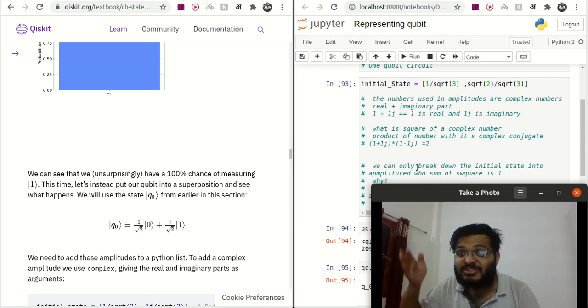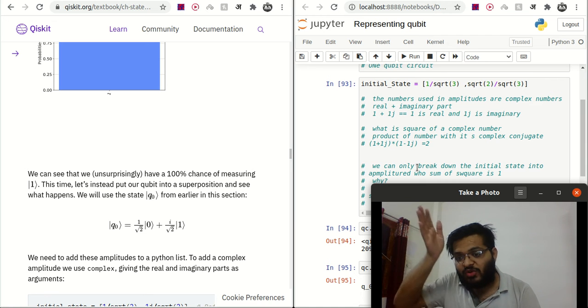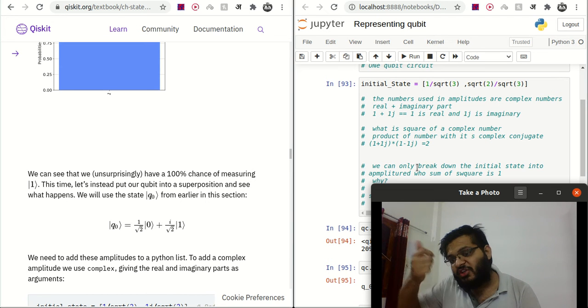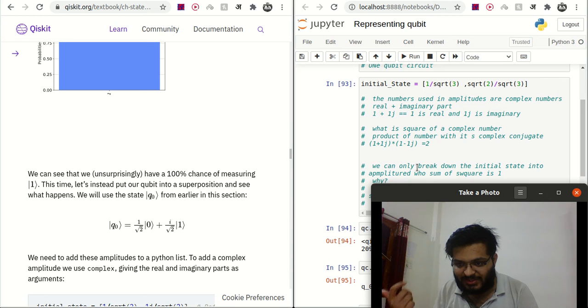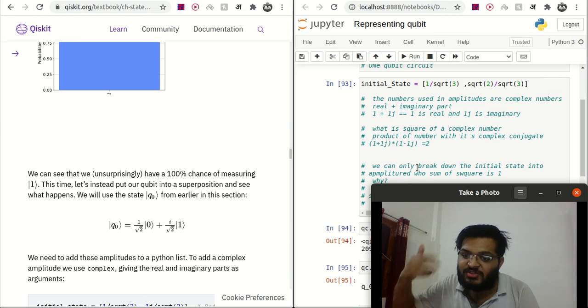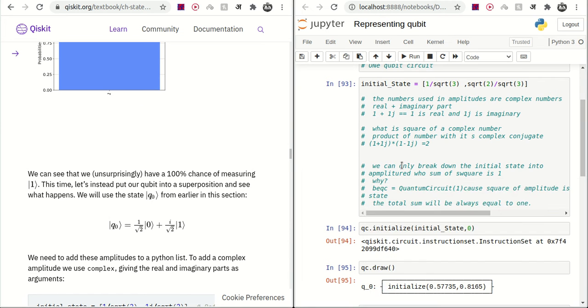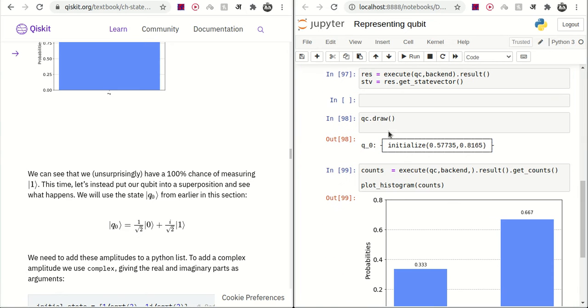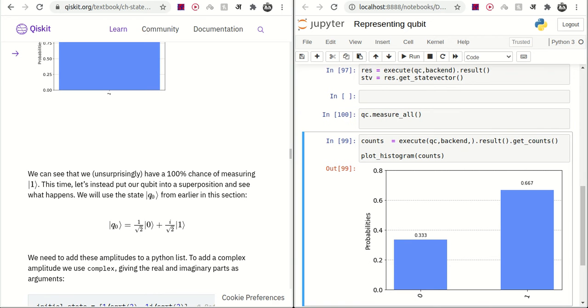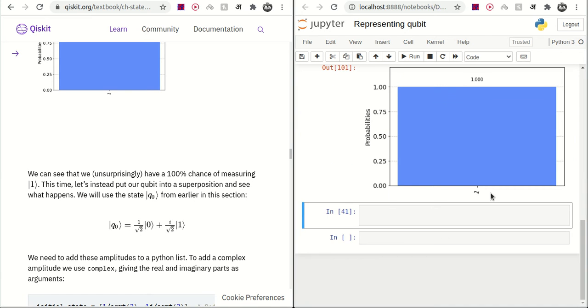Once you measure it, the original qubit is changed into that state, and then once you take the measurement, it will always come to that. So that statement is wrong, it will always come 1.